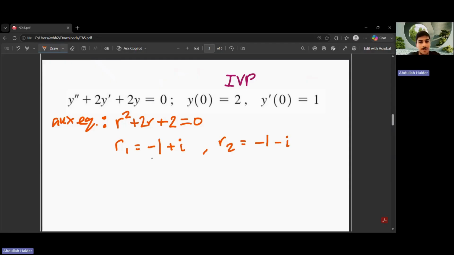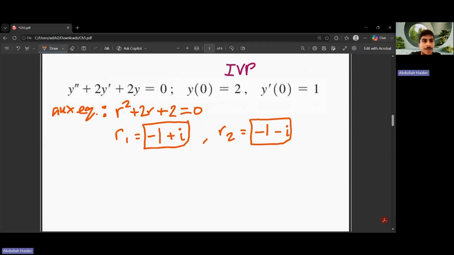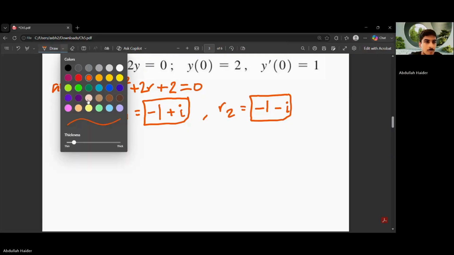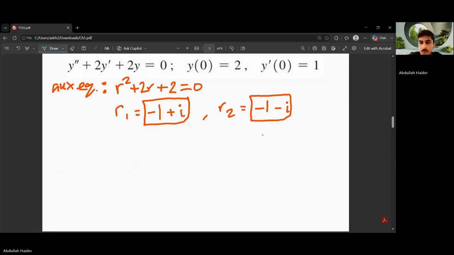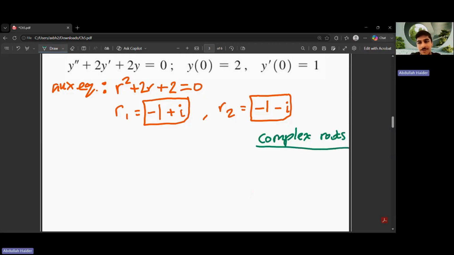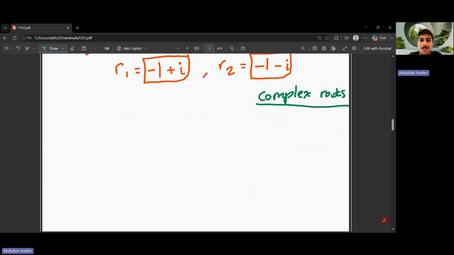So you can see that these two solutions are now complex roots. Why? Because they have a real number and an imaginary number. And for complex roots, you always have to remember that you will have a sine and a cosine in the answer always.